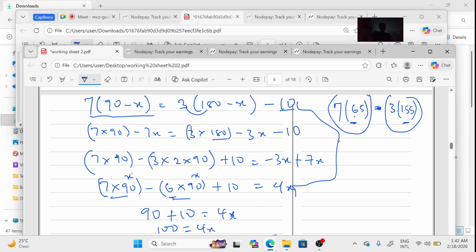I just want to confirm. 7 times 5 is 35. 7 times 6 is 42, 42 plus 3, that's 45. So this is 455. So minus 3 times 155: 3 times 5 is 15, another 15, that's 6.